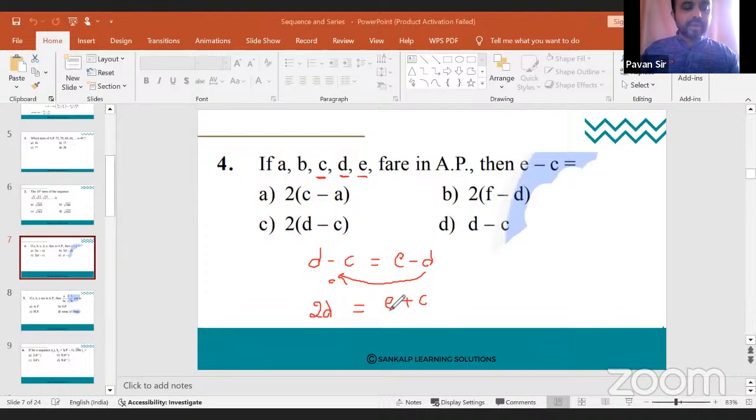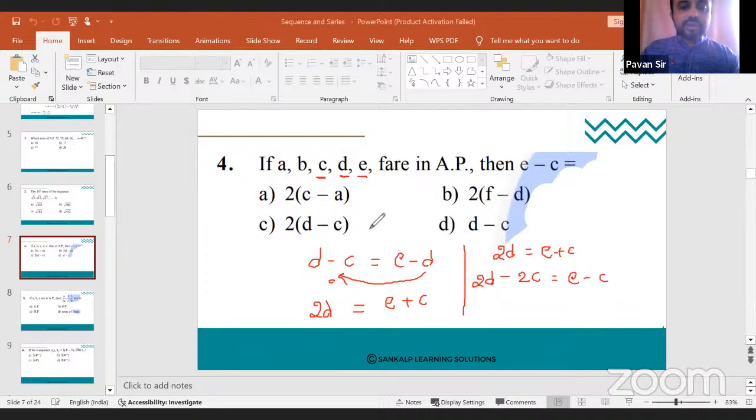Am I right? So now, 2 times D is equal to E plus C. So can I write 2 times D minus 2 times C is equal to E minus C?